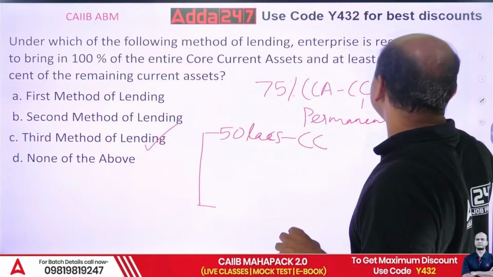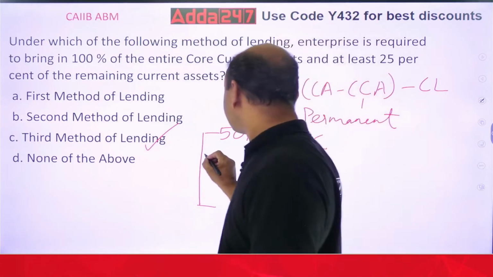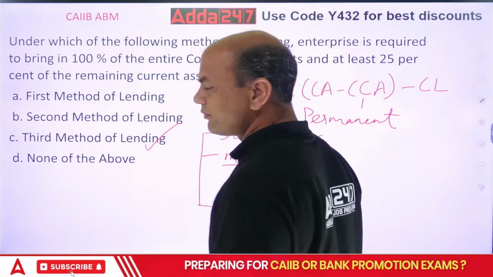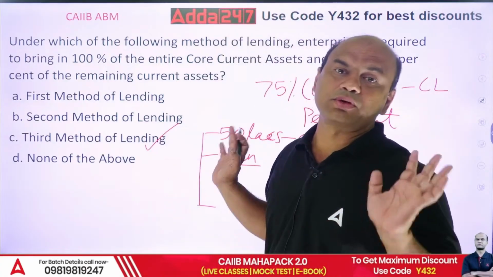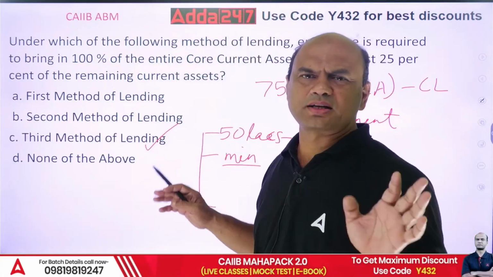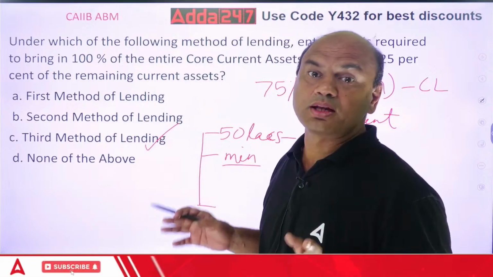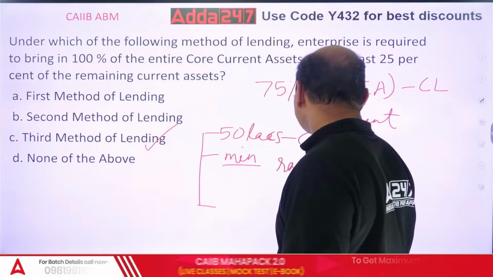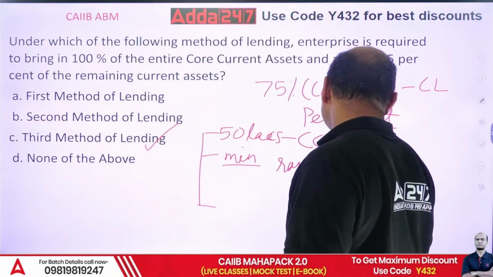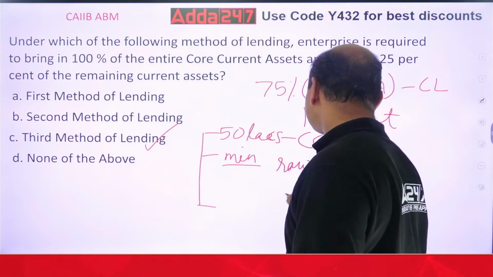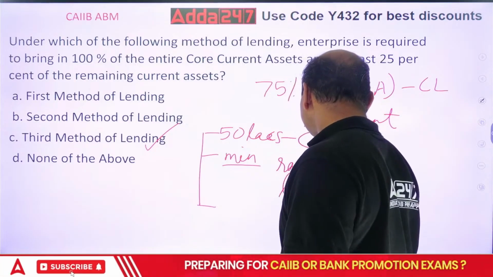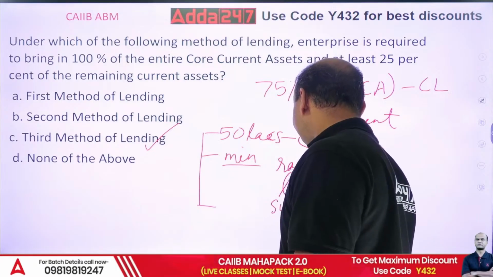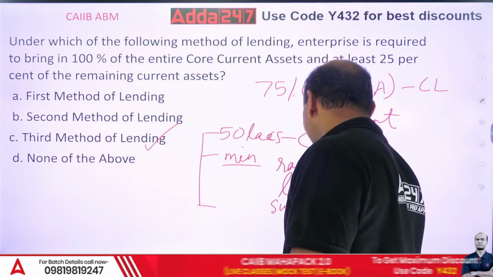Means what is the minimum level of, let's say, raw material, on which the company can function. If any crisis arises, the company should be able to function on that minimum level of raw material, labor, suppliers, creditors, and debtors.